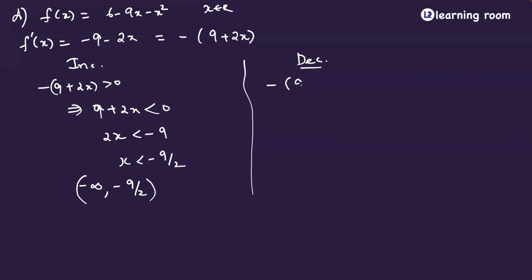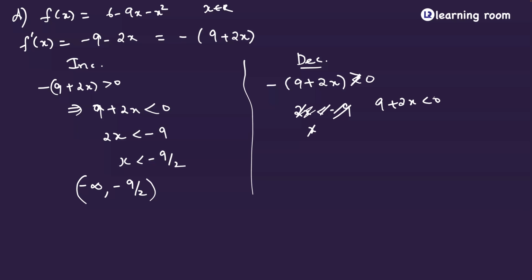So it is minus, so you need to show the steps. So minus of 9 plus 2x, right? Minus of 9 plus 2x is less than 0. So 2x is less than minus 9. Sorry, greater than 0. Then you will have 9 plus 2x is less than 0.